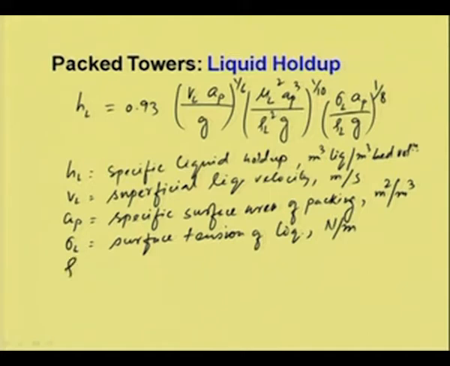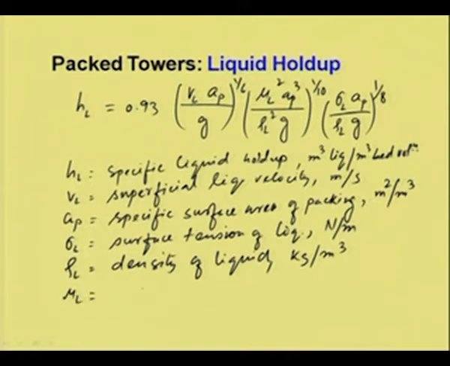Rho L is the density of liquid, kg per meter cube, and mu L is the viscosity of the liquid, kg per meter second.